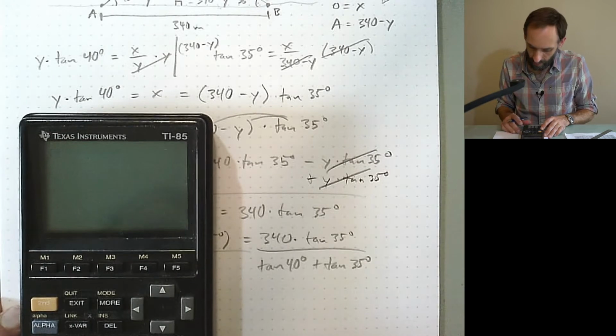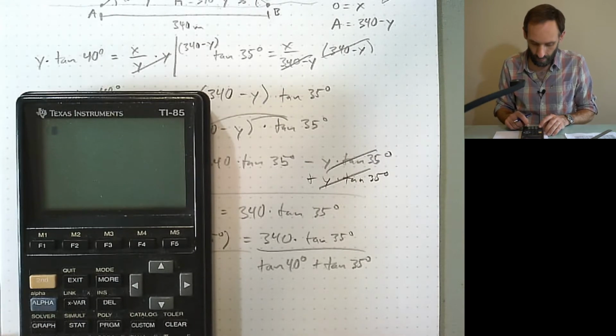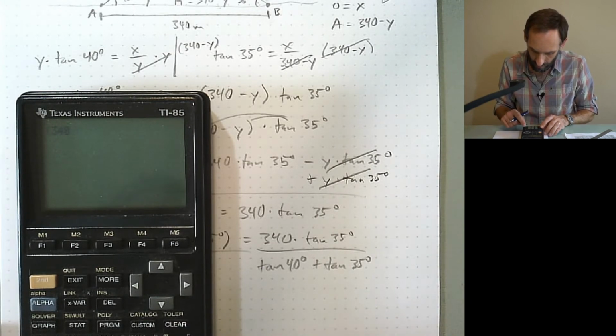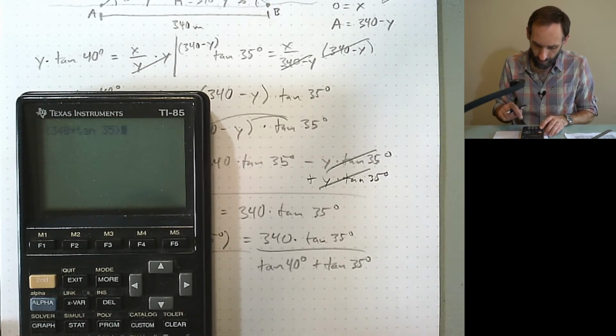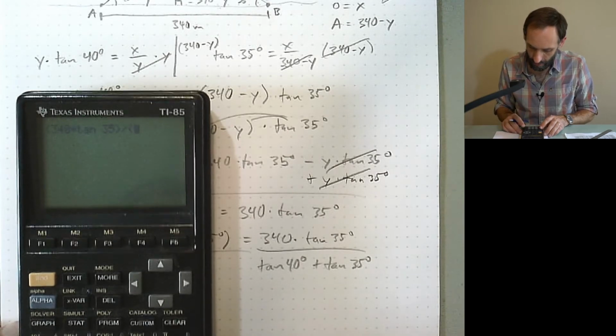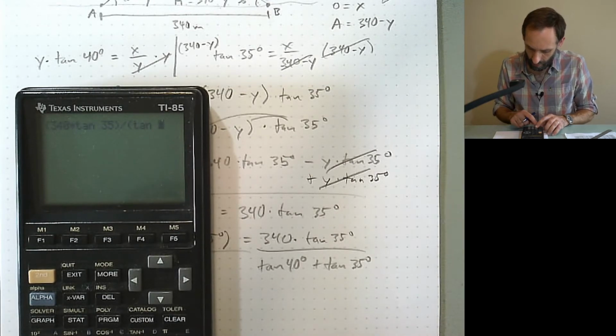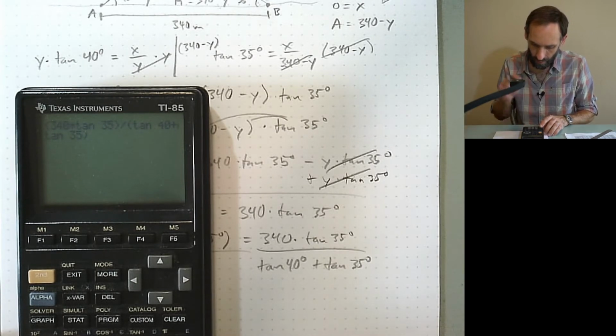So I'm going to use parentheses, 340 times tangent 35, end parentheses. Let me make sure it's multiplying. All right, 340 times tangent of 35 divided by parentheses tangent of 40 plus the tangent of 35 degrees.